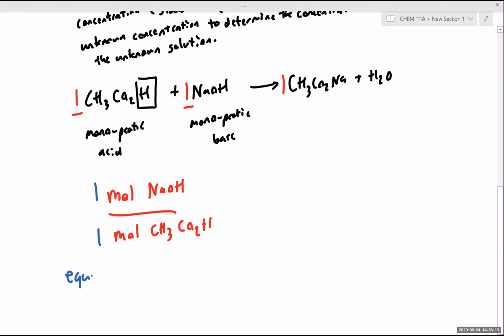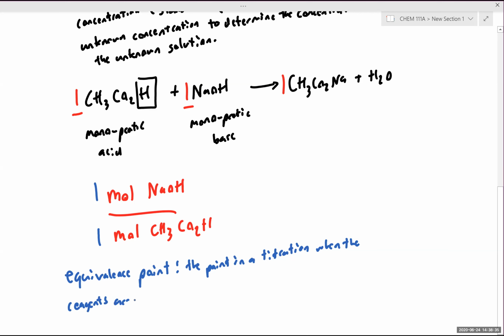And we have a special term called the equivalence point. The equivalence point is the point in a titration when the reagents are present in stoichiometric amounts.